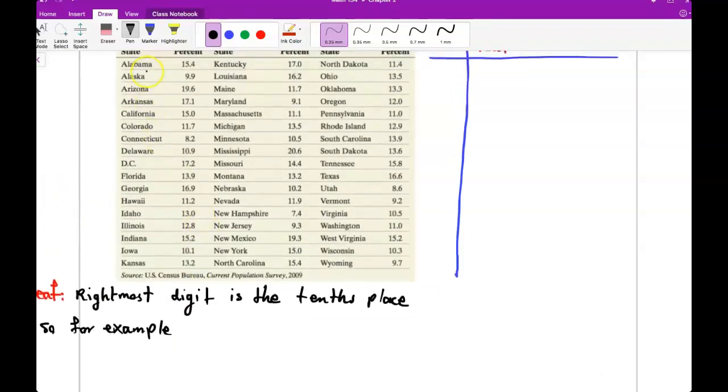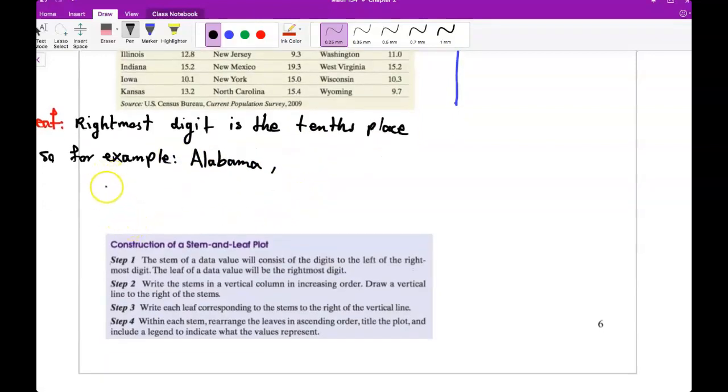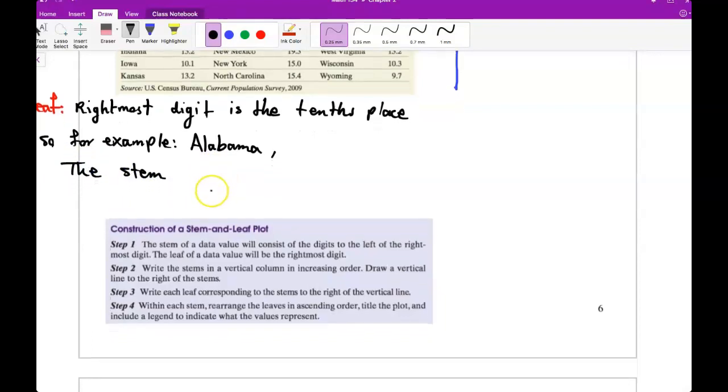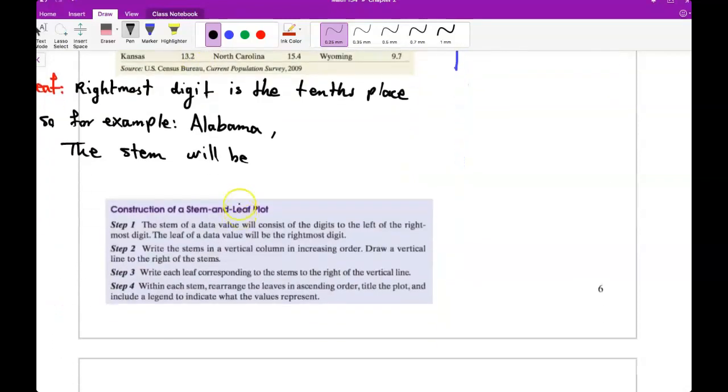The first one we have is Alabama. The stem is 15 and the leaf will be 7.